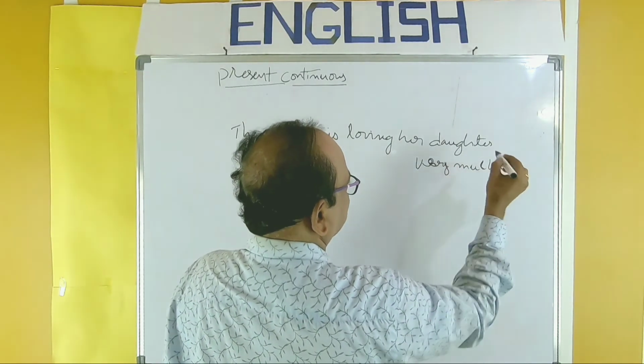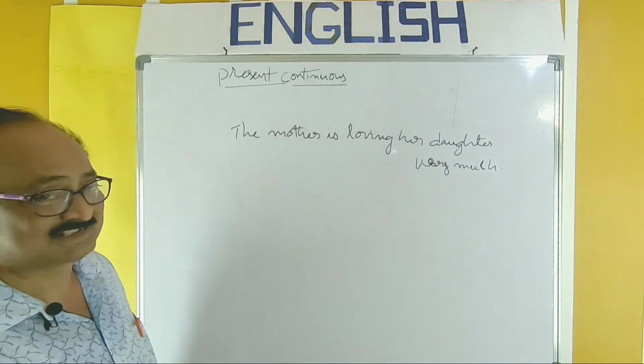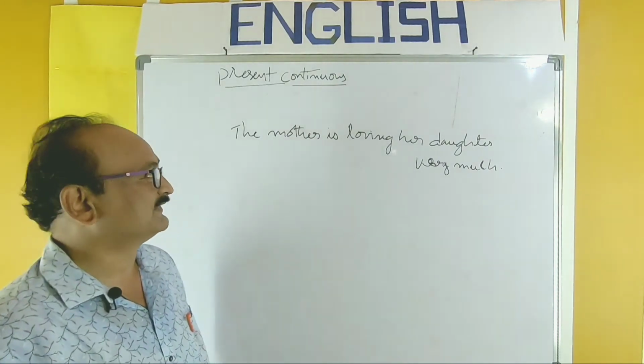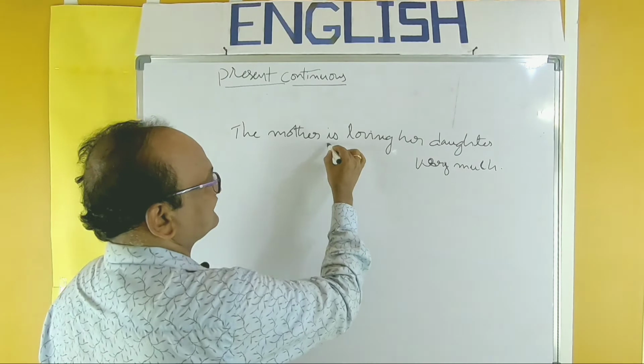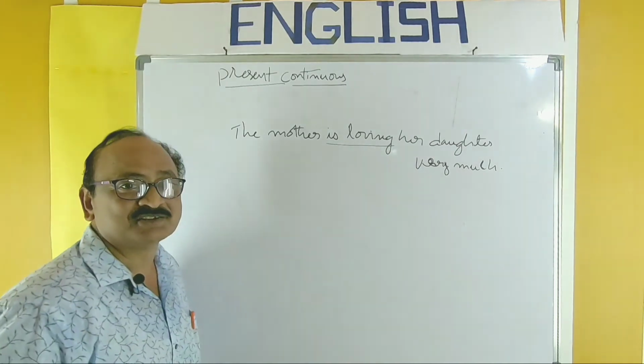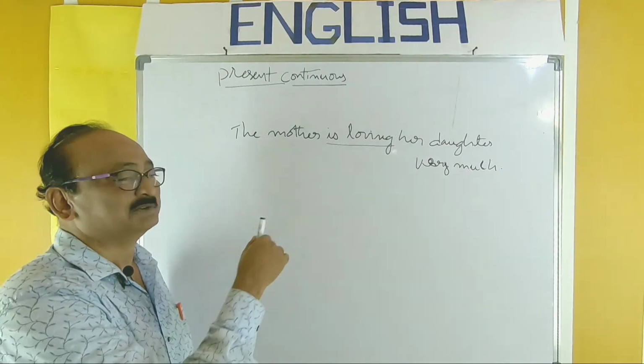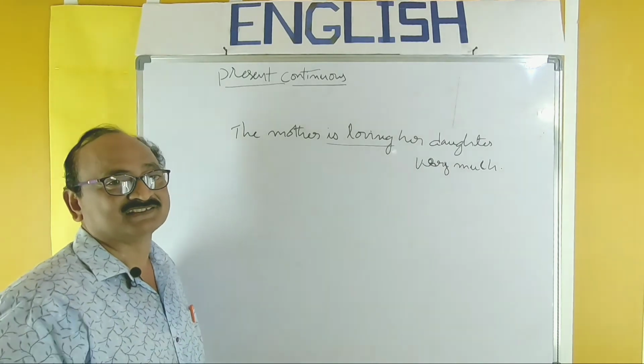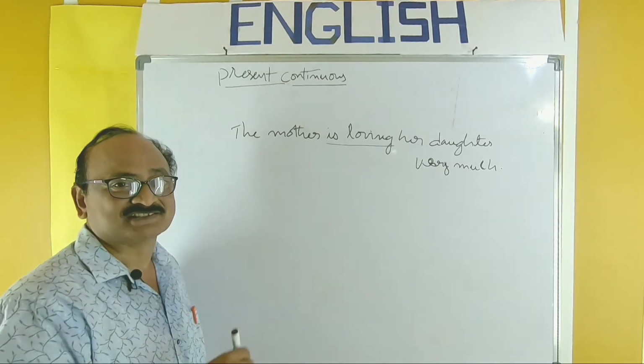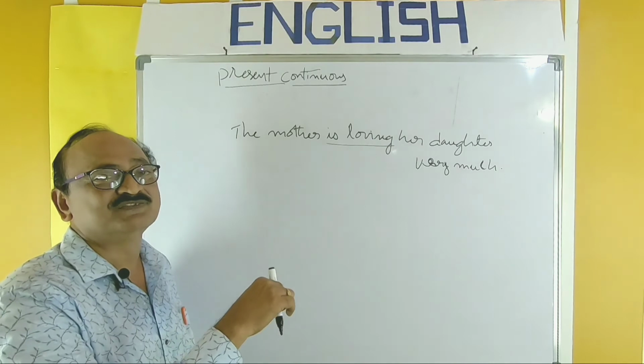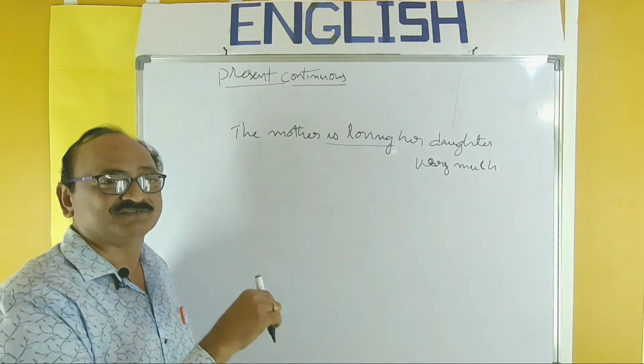Always mothers show a lot of love and affection. Here, is loving is the wrong usage. Love is an emotional activity. It cannot be touched. It cannot be seen. It's only feeling, understanding, feeling.